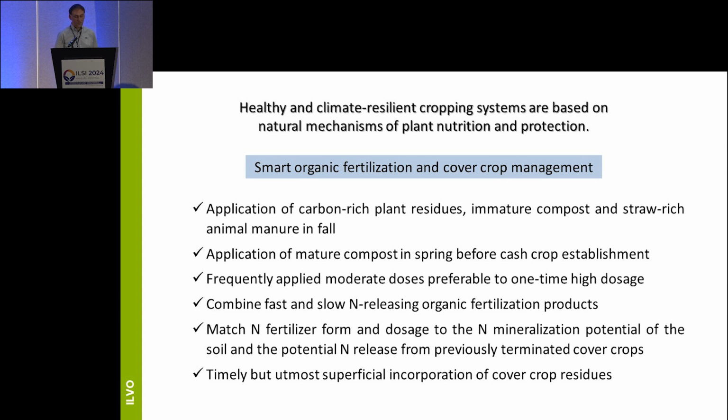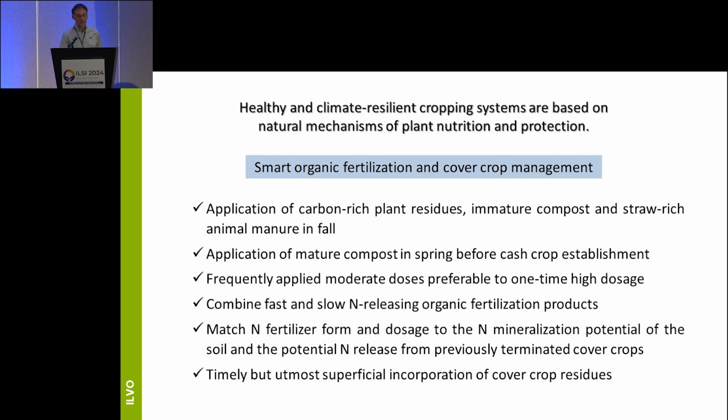Application of mature compost in spring is a good practice just before crop establishment. It's also better to apply frequently moderate doses than one-time high dosages.